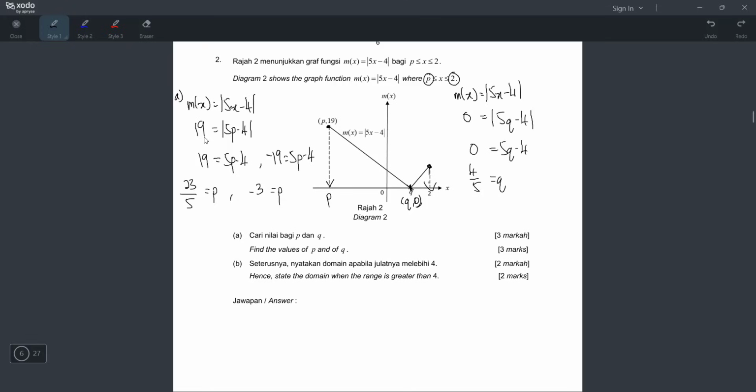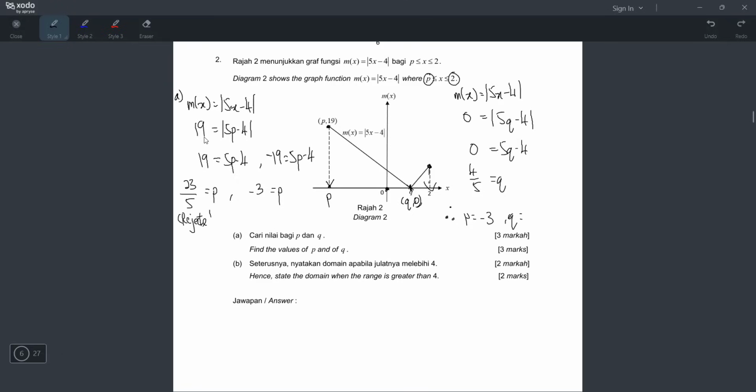So now we can write p equals, q equals. But I think if you look at this, p must be negative 3. Because you get two answers for p, but if you look at this, it must be negative because 0 is here and p is on the left side. So definitely it's not possible for p to be positive. So I'll write the word rejected.